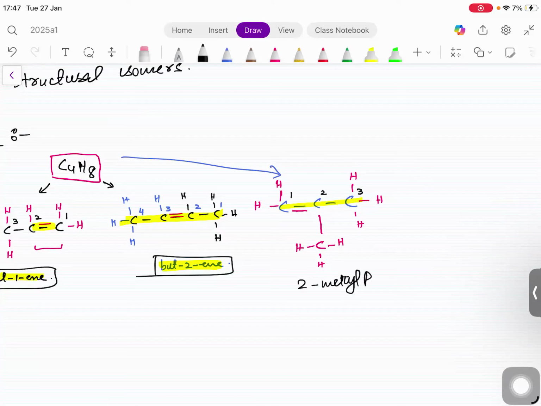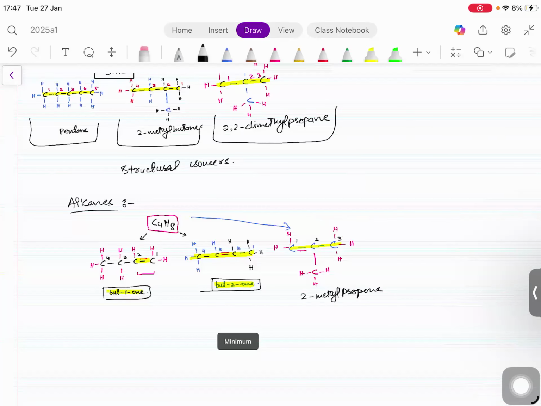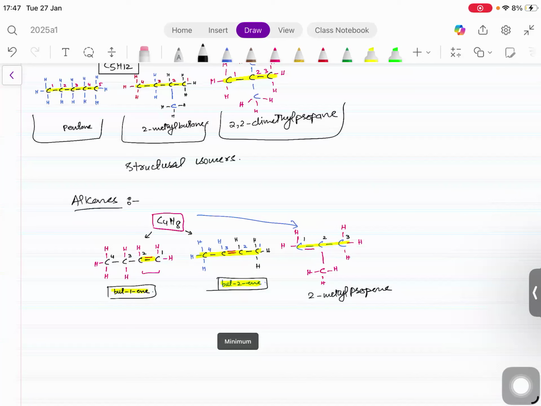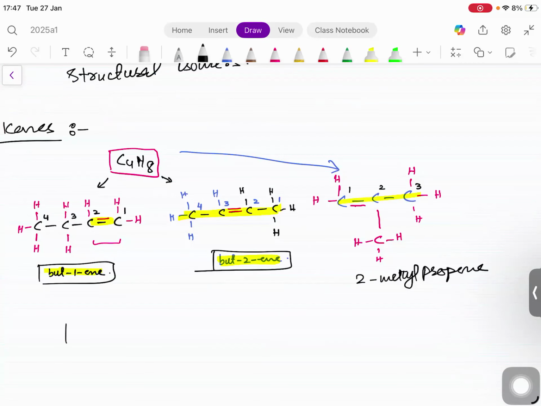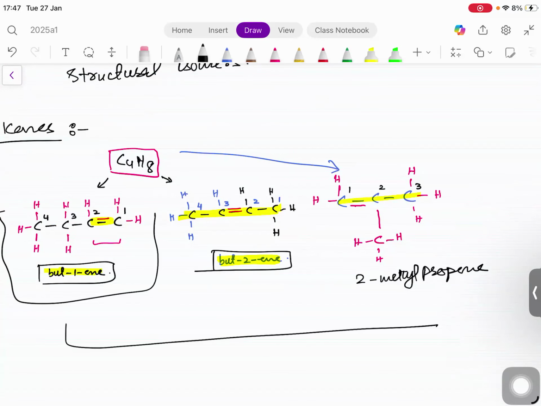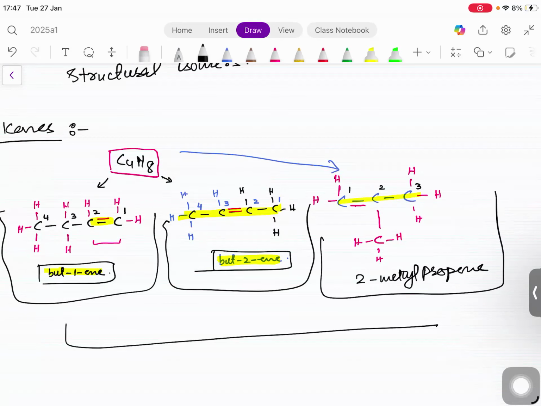Okay, next. Now, I'm going to sum up what we have learned up till now. In organic chemistry, an organic compound is carbon containing, and there are two types. One is hydrocarbons, and the other one we leave.